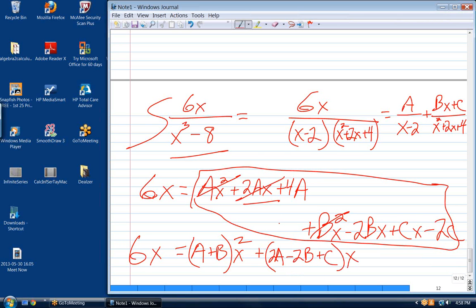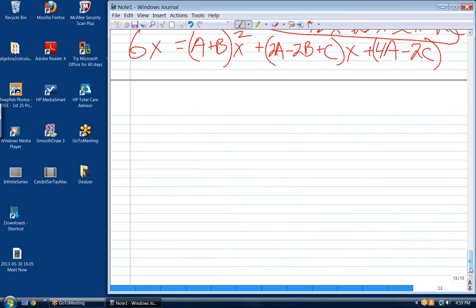And that takes care of that term and that term. And everything else has to be part of the constant. So plus 4a minus 2c. And if it helps to think about it, I can put parentheses around that.